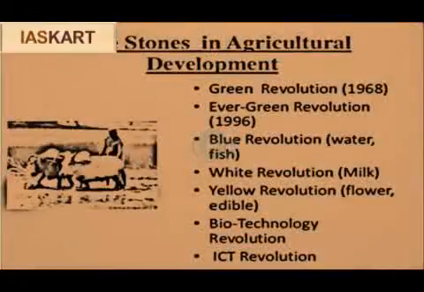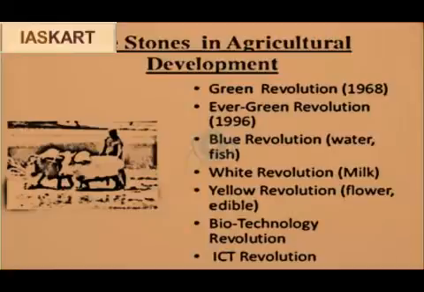There have been many milestones in the agricultural development of the country. The noteworthy are the Green Revolution, which started in 1968, then the Evergreen Revolution in 1996, also known as the Second Green Revolution. There is a Blue Revolution that is taking place, which is basically the development of fisheries in the country.